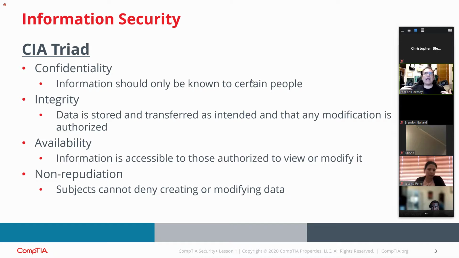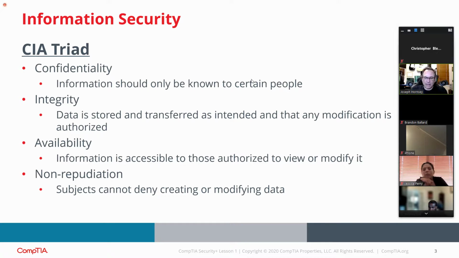Whenever we look at any kind of system or process or any asset that is delivering an IT service, we need to look at confidentiality, integrity, and availability. And typically it's in that order as far as what the priority is.